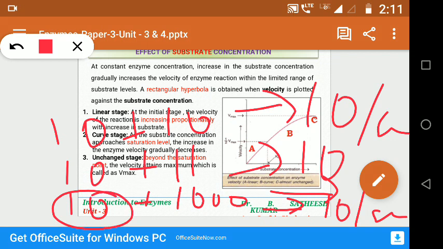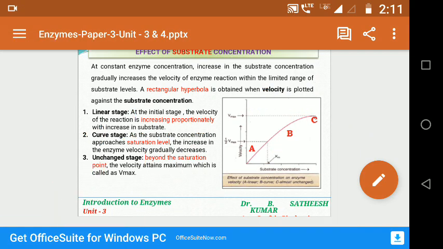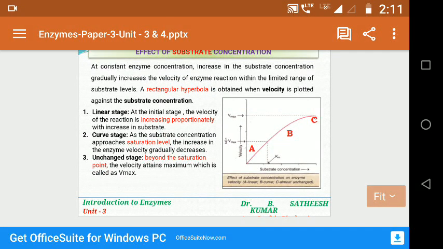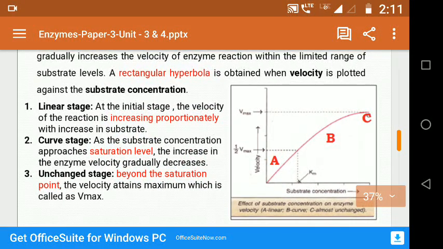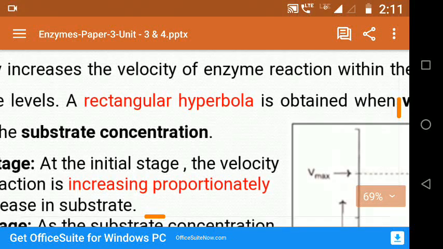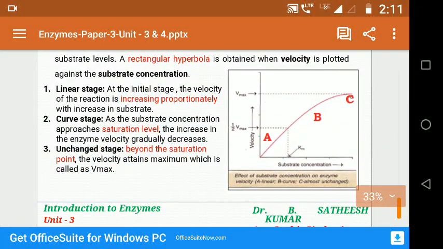So below the saturation level the enzyme activity increases, and above the saturation level the enzyme activity remains stable. That is the effect of substrate on the activity of the enzyme. Therefore we will get a rectangular hyperbola graph.